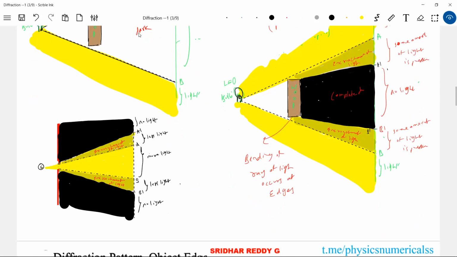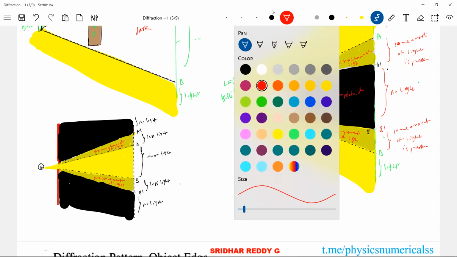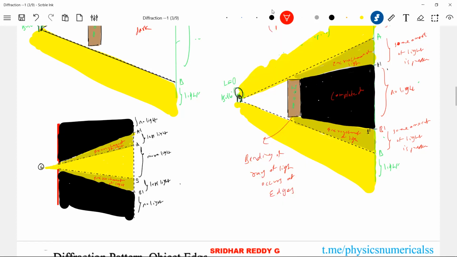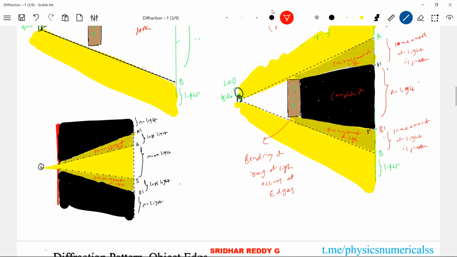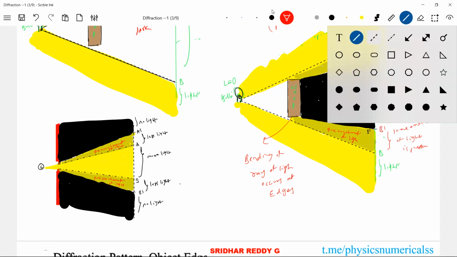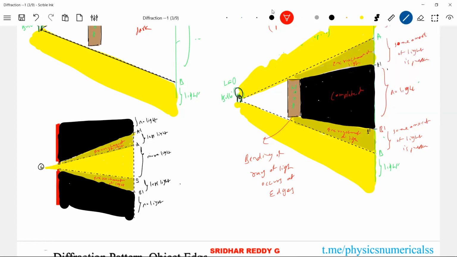Okay, there's one more example. Let this be a slit. The diagram is not clear, so let me make it.